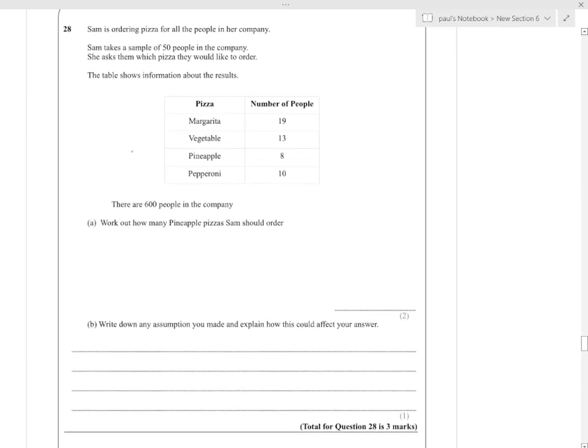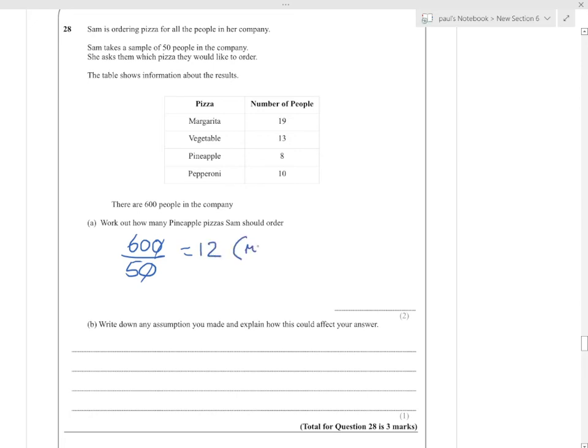Sam is ordering pizza for all the people in the company. Sam takes a sample of 50 people. She asks them which pizza they like to order, and there they go. There are 600 people in the company, so work out how many pineapple pizzas Sam should order. Right, 600. So there are 600, and she's done 50. So if we divide that by that, 50 into 600 goes 12.